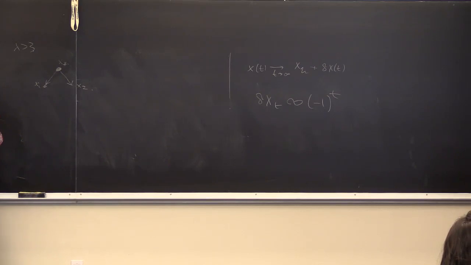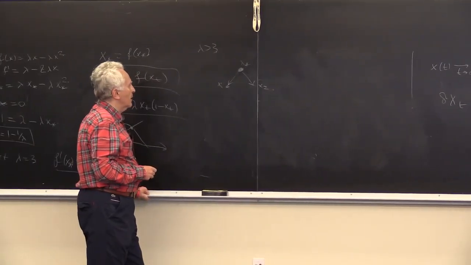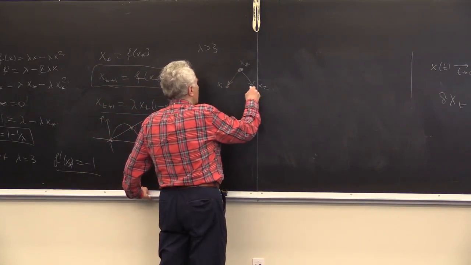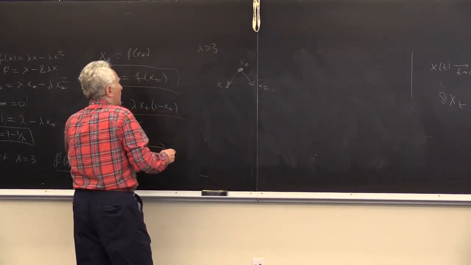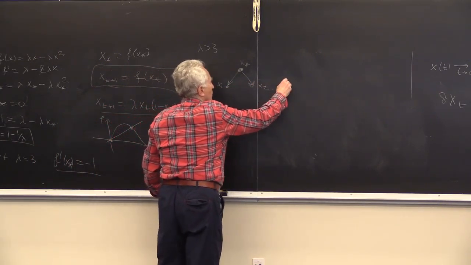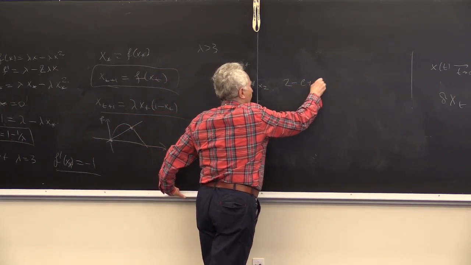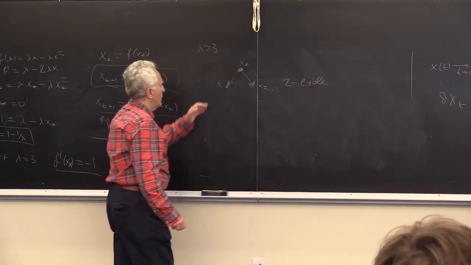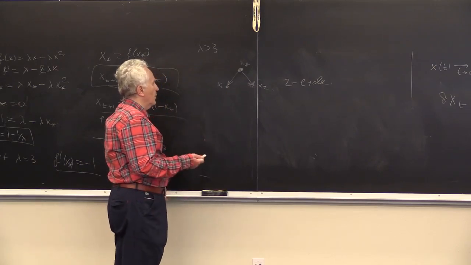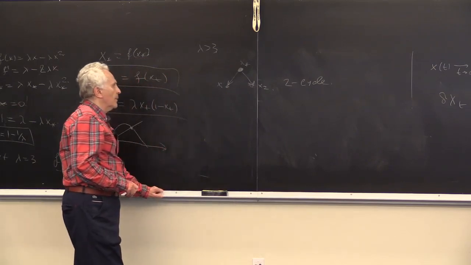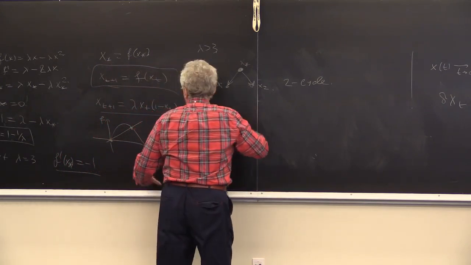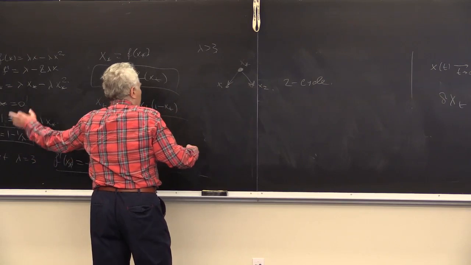So the picture which we will arrive at is that if we just cross 3, we will have the stable solution which is called the 2 cycle. The system is just jumping from one point to another and back. This will become unstable as lambda is increasing, at some point 3 point something.